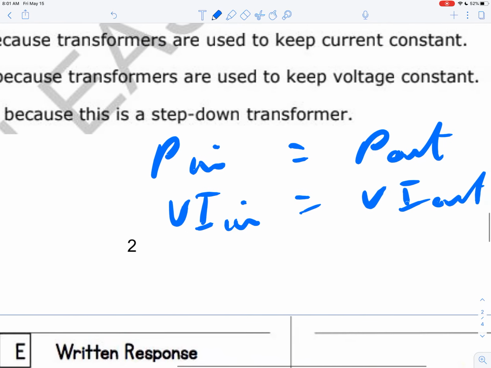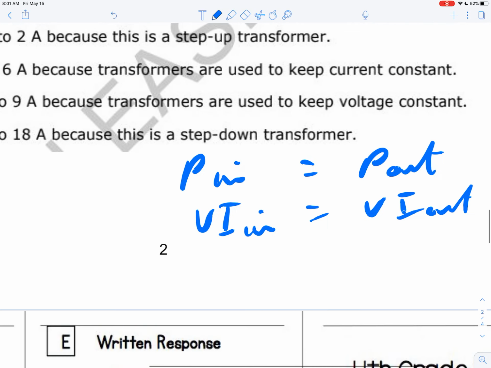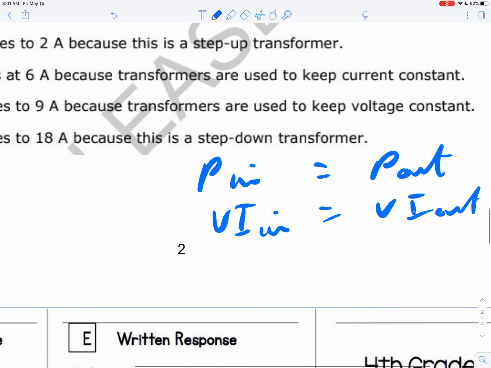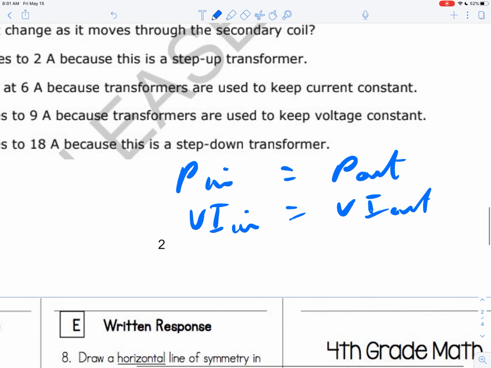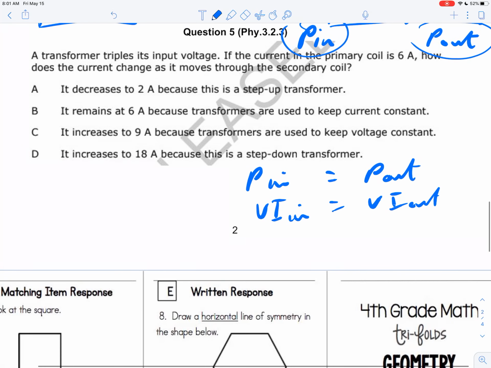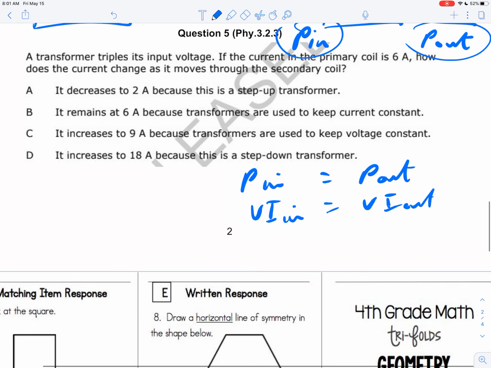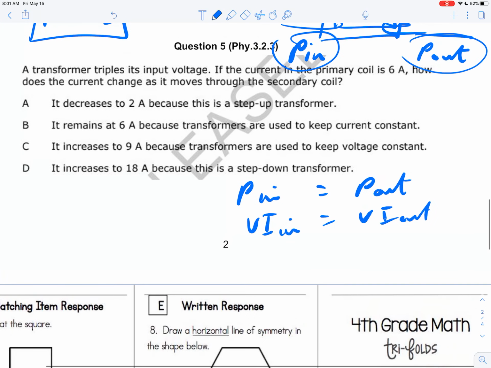So V is going up 3 times. Something has to happen to the I for us still to get the same answer for V multiplied by I. V multiplied by I has to stay the same. Your power, which is V times I, has to not change. If the voltage is going up 3 times, basically what is going to happen to the current?